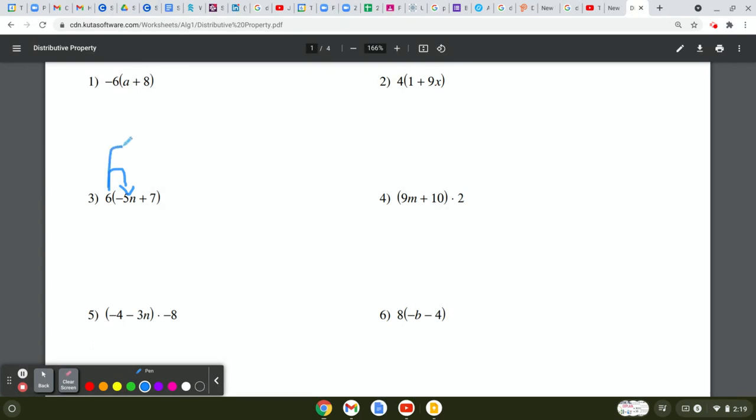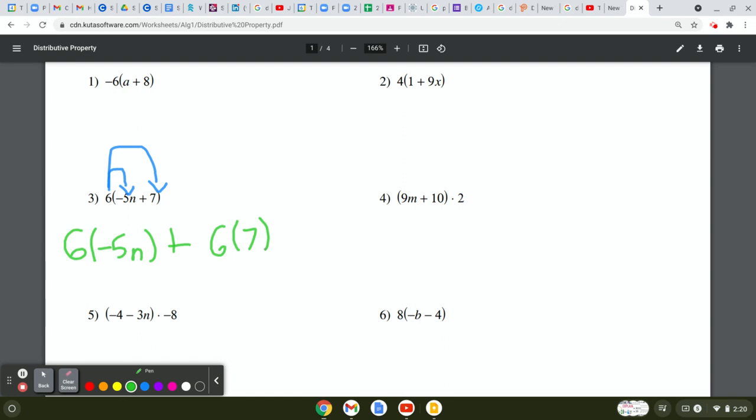And you're also going to be distributing the 6 with the plus 7. So all that means is 6 times negative 5n plus 6 times 7.